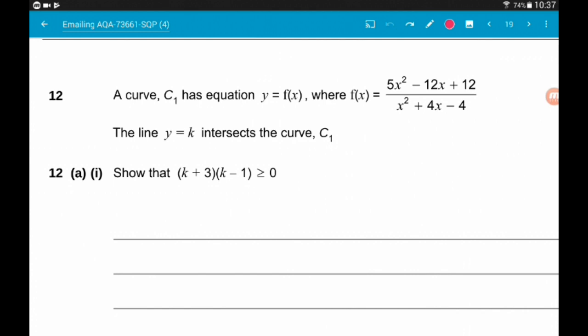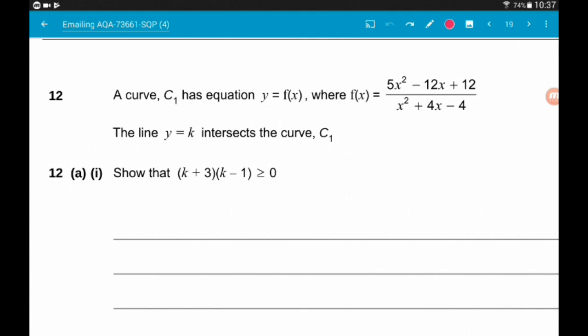Now, so we're going to set k equal to the fraction, and then we're going to be able to rearrange that into a quadratic that is equal to 0. Then, because we know that there is at least one point of intersection, at least means there could be one or two, because we're dealing here with a quadratic. So then we're going to think about what that means for the discriminant.